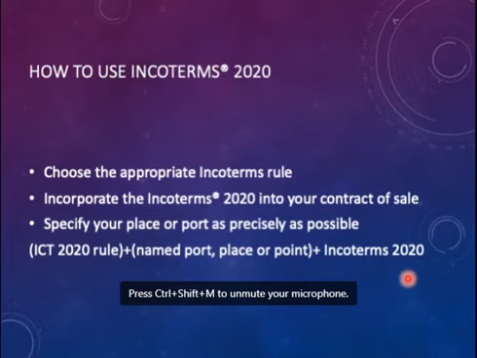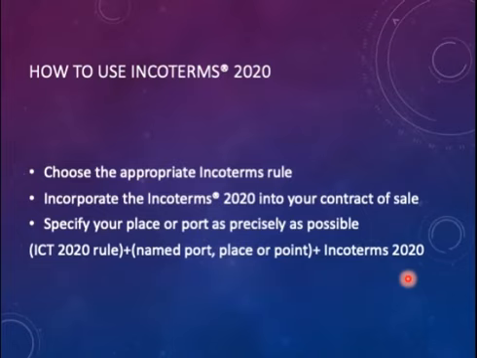So how to use Incoterms 2020 in your contract? Now you want to choose Incoterm rules for your contract. You first choose the appropriate rule based on your and your seller's or buyer's agreement.